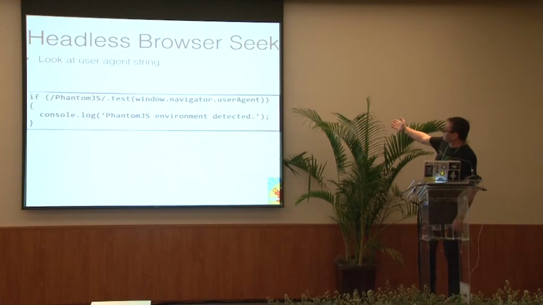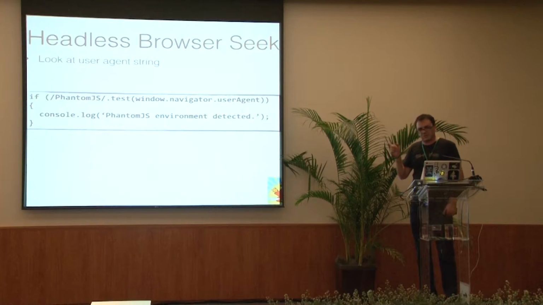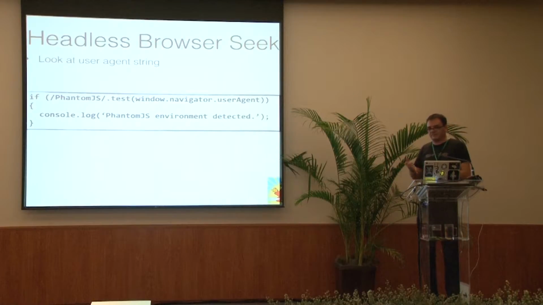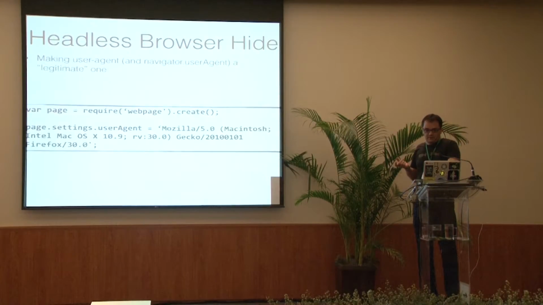You just test if window.navigator.userAgent of the browser that visits your website contains PhantomJS, because every version of PhantomJS by default contains the PhantomJS word in the user agent. So that should be enough, right, to detect if it's Phantom or not? Well, Phantom allows you to override, of course, any headers going outside of the headless browser.